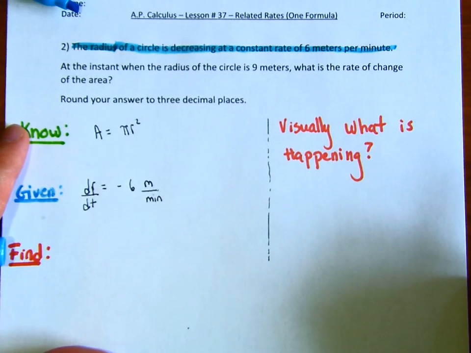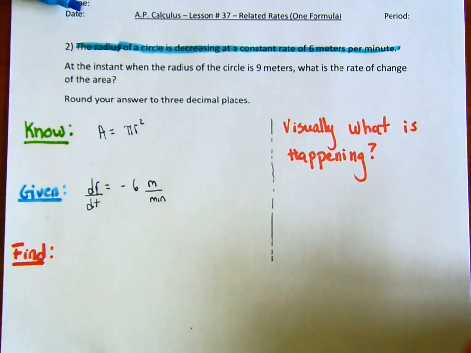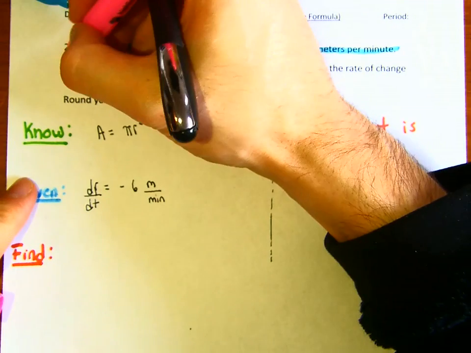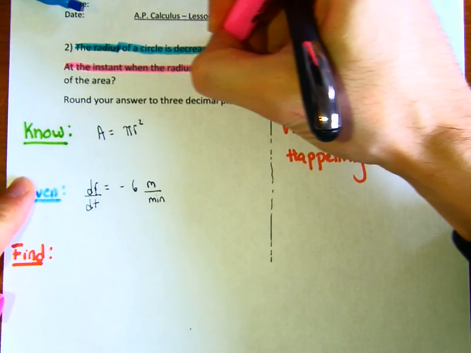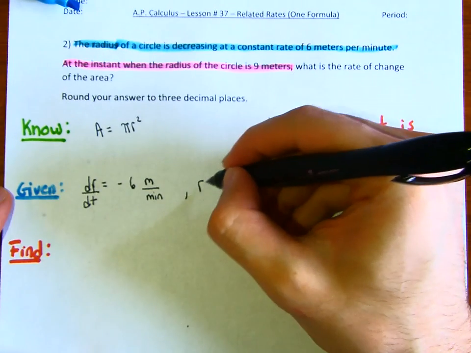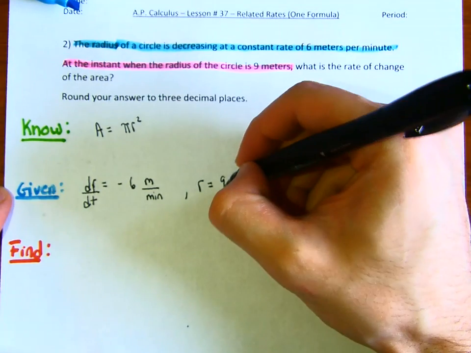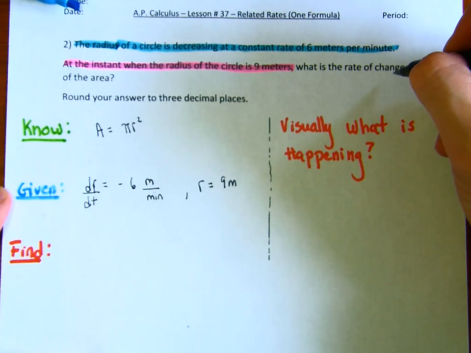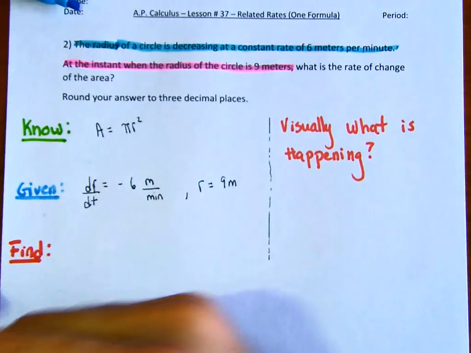Now let's look at the next part. It's saying at the instant when the radius of the circle is 9 meters, so we know that when r is equal to 9 meters, what is the rate of change of the area?